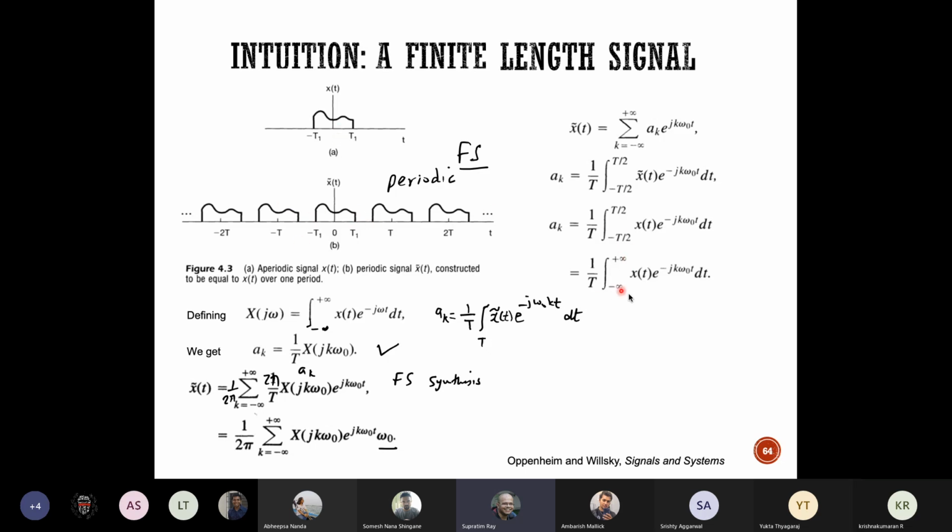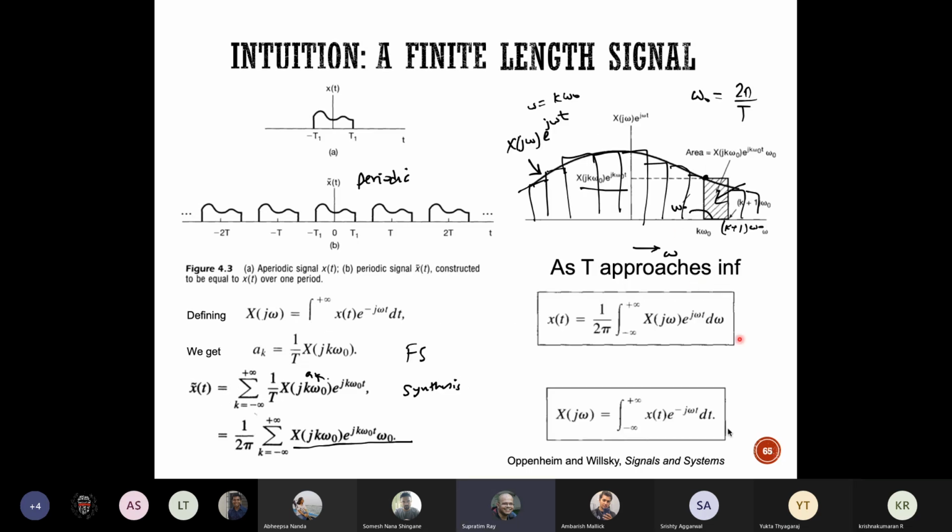But you can integrate it from minus infinity to infinity also, because x(t) is 0 everywhere else. So the analysis equation, getting the coefficients, can be obtained like this. And in the limit, k omega naught becomes a continuous variable omega, and I am left with this formula here.